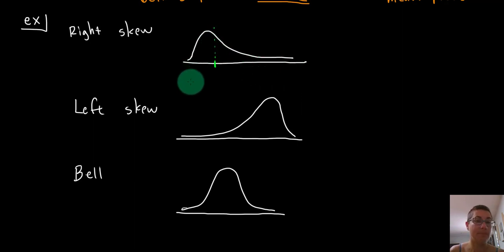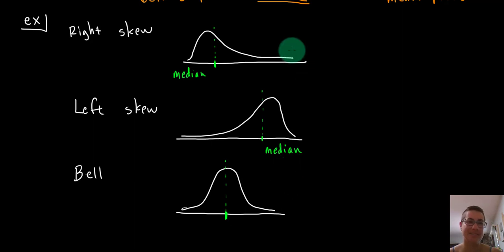That would be the median. And that would be the case over here too. I'm trying to find that balance point. Kind of hard to do without real numbers and a little computer to help you out. That's really easy in the bell-shaped, right? Because it's symmetric. That's going to fall right there.